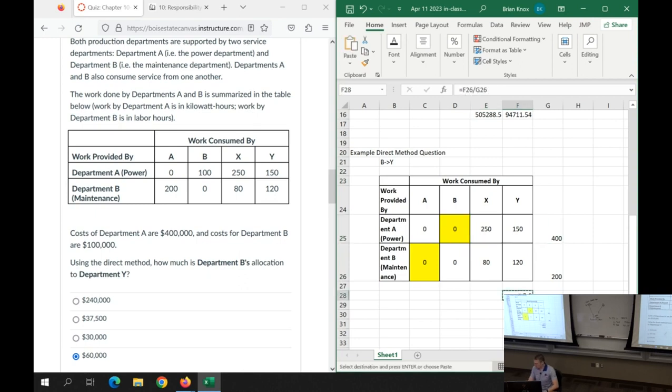Okay, you create the whole table this way. Department X, 40% of the work that counts, the 200 labor hours that count, was done for Department X. 60.5% of the work that counts, Department A did for Department X. 37.5 is what Department A did for Department Y of the work that counts.